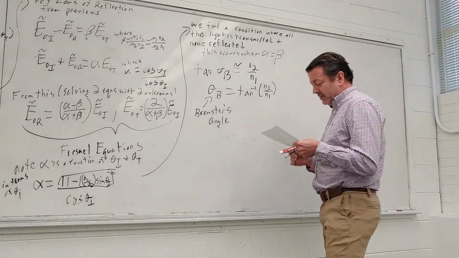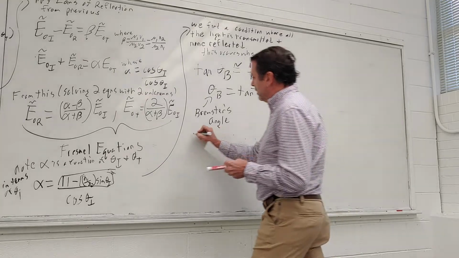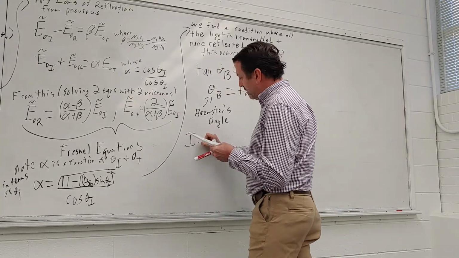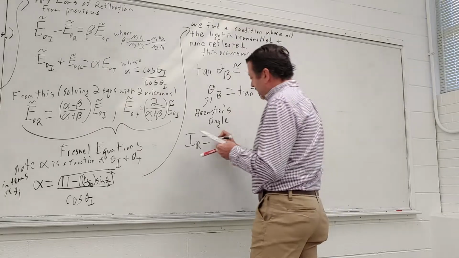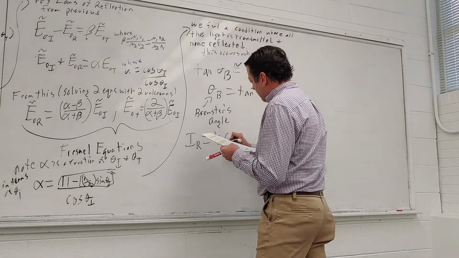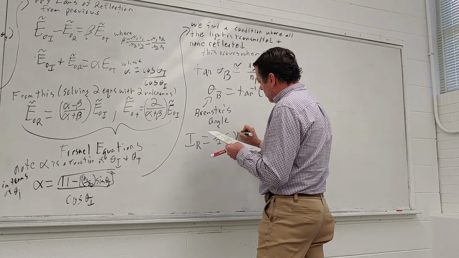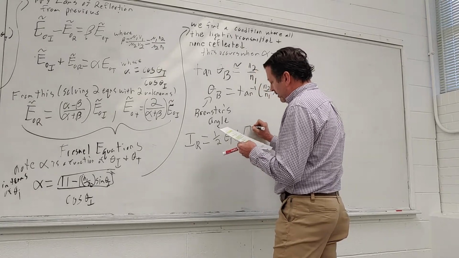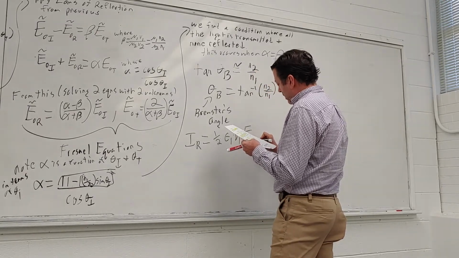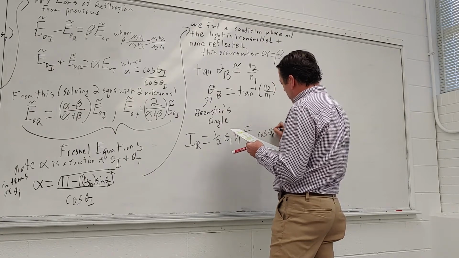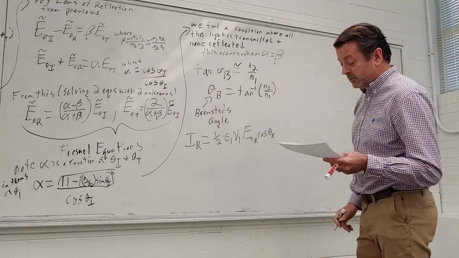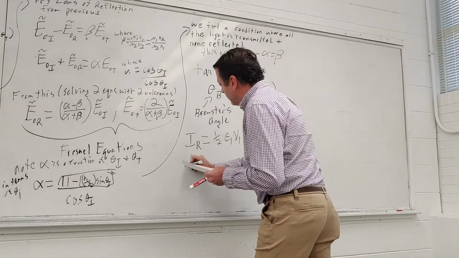If you do a graph of this and you look at the intensities reflected, just like we did previously, it has to be 1/2 permittivity, the velocity in 1, E naught R, and that's the magnitude of it, cosine of theta R, because it's a function of cosine now.